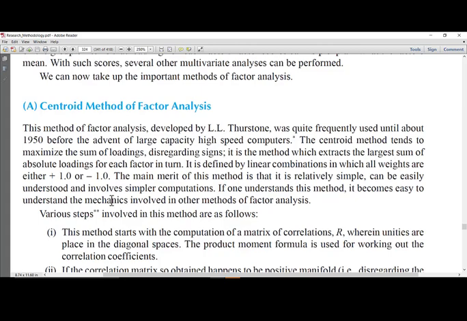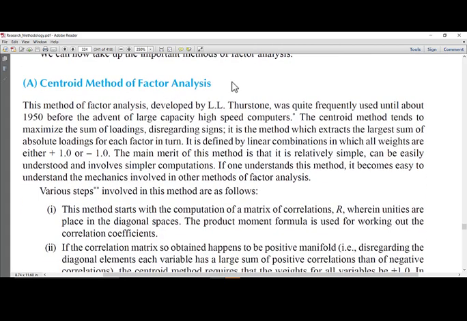Now let us take the first method of factor analysis, that is the centroid method of factor analysis. This method of factor analysis, developed by L.L. Thurstone, was quite frequently used until about 1950, before the advent of large capacity high-speed computers. The centroid method tends to maximize the sum of loadings disregarding signs.